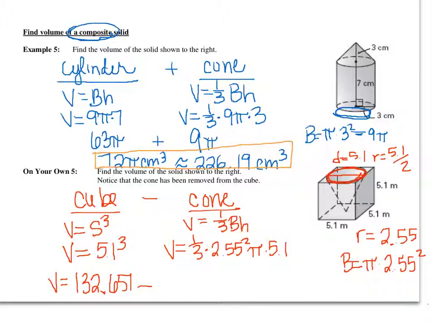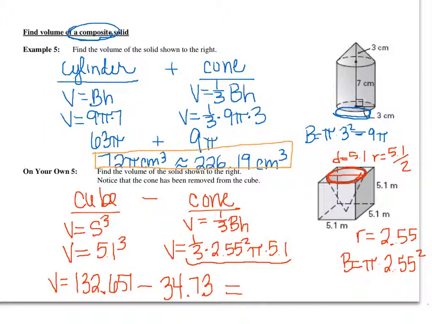So if I do 1/3 times 2.55 squared times 5.1, I'm going to get a decimal here. So I'm just going to multiply that by pi in my calculator, and I'm going to give a rounded value here. If you multiply this all together in your calculator, you'll get about 34.73. Let's just leave it at 73 hundredths.